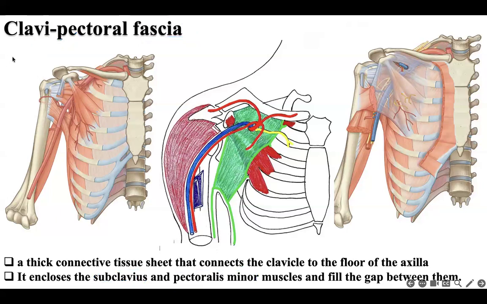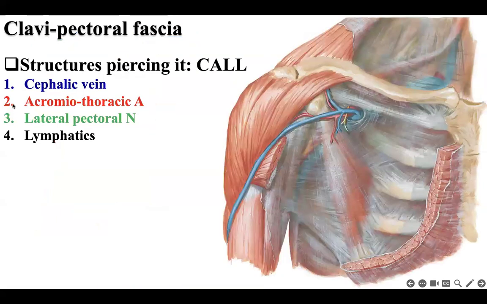Which is the important item here? This fascia is pierced from out to in or from in to out by important structures. Number one, C, the cephalic vein. This vein pierces the fascia from superficial to deep, and the artery also pierces from deep to superficial.